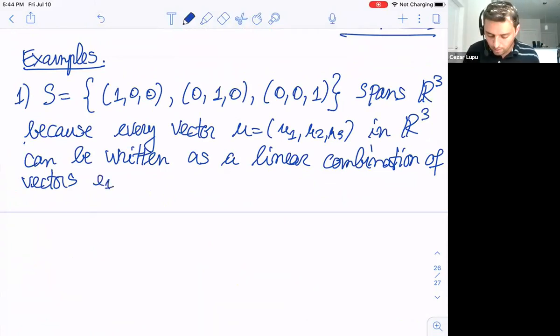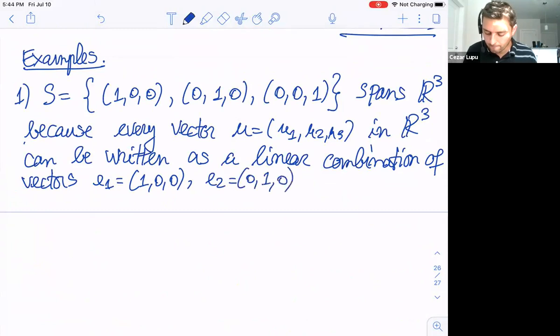Let's call them e1, I will denote them like this: 1, 0, 0. e2 is 0, 1, 0. e3 is 0, 0, 1.